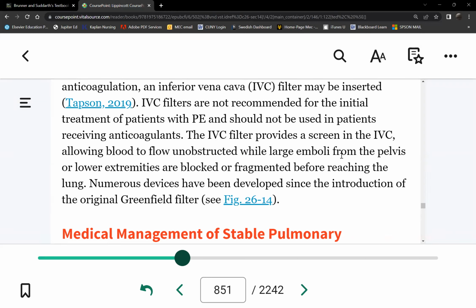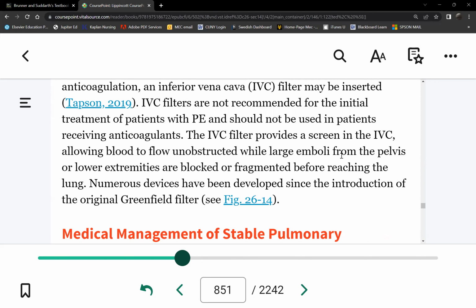What do anticoagulants do? They stabilize the clot, meaning will the patient make any more? No. Will the existing clot get any bigger? No, because you interrupted the clotting cascade.